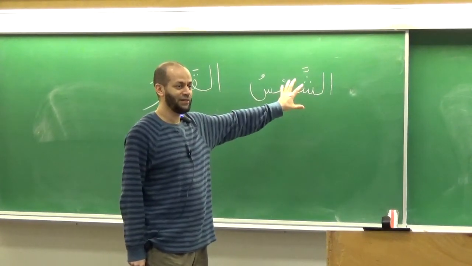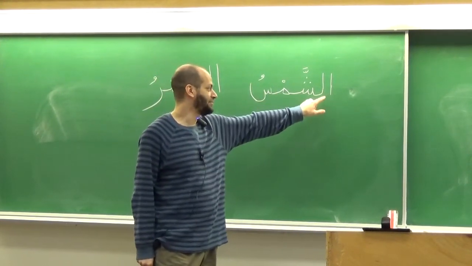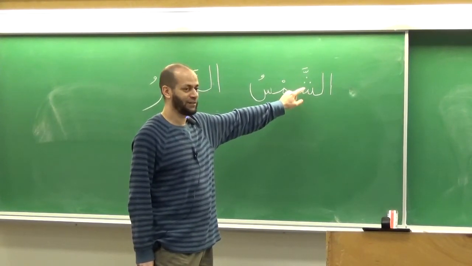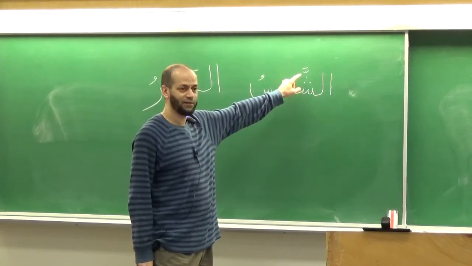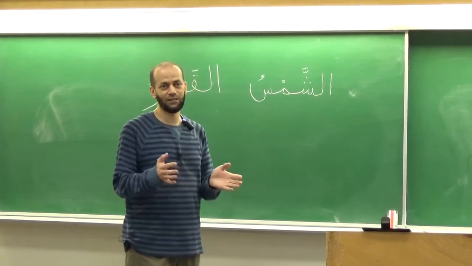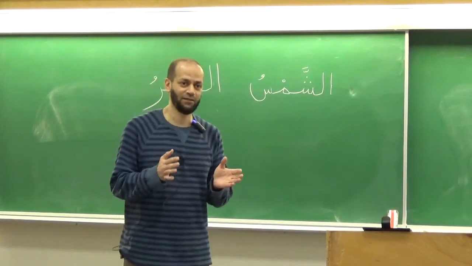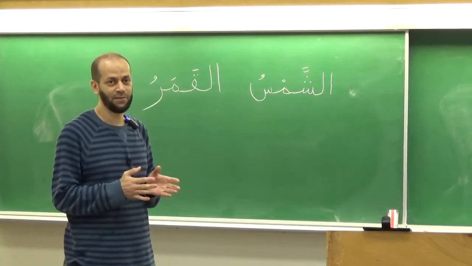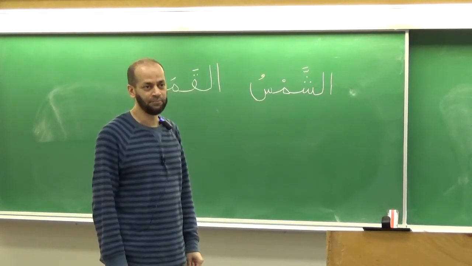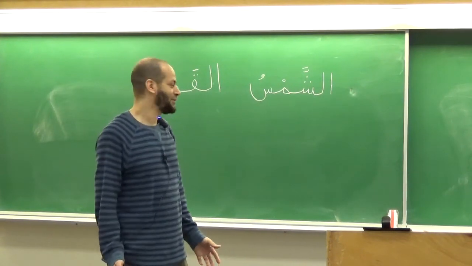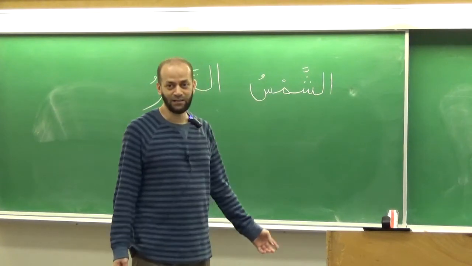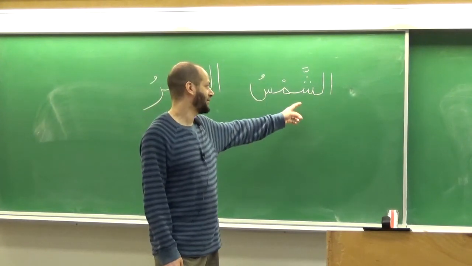So if I see a word that has alif lam, and the letter after it has a shadda, I conclude that this letter is one of the shamsiyya letters, or the sun letters, which means that I will not pronounce the lam. Which means that I don't necessarily have to memorize the letters, right?